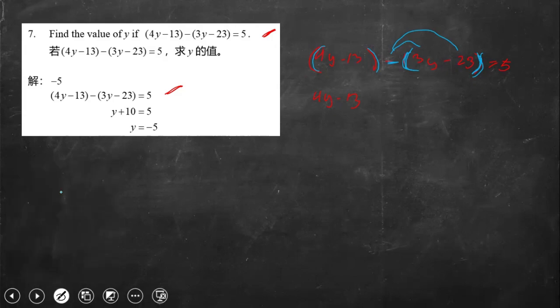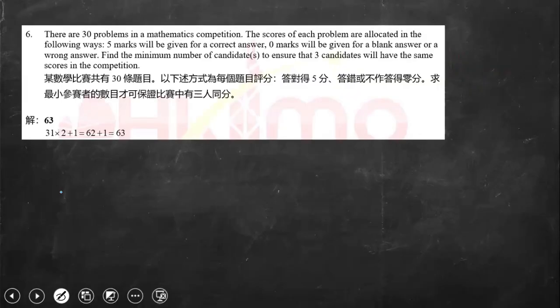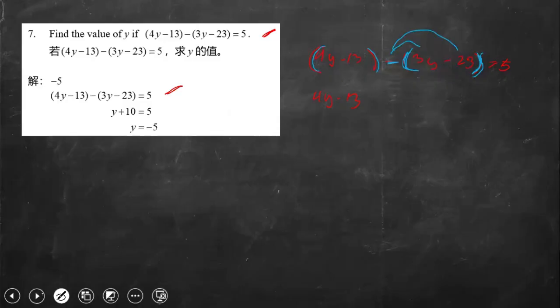Teacher, you skipped number 6. I did? Oh, wait. Oh, I see. Let me finish the number and then we'll go back. I'm sorry, I did not notice.